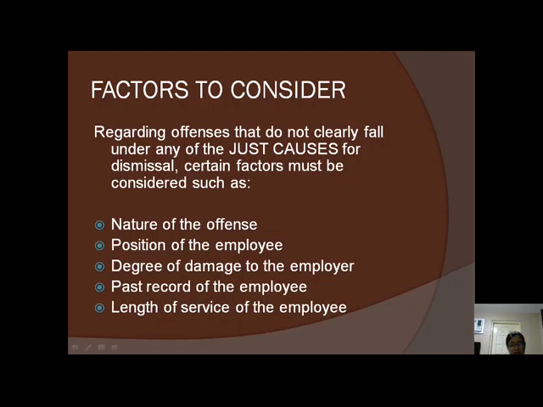So if from the beginning until present, there are already a lot of infractions or violations that the employee has committed, then probably you can dismiss the employee. And of course, you need also to consider the length of service of the employee. So there are cases, no, wherein the NLRC declared the dismissal as legal. However, the nature of the offense is not under the serious misconduct.